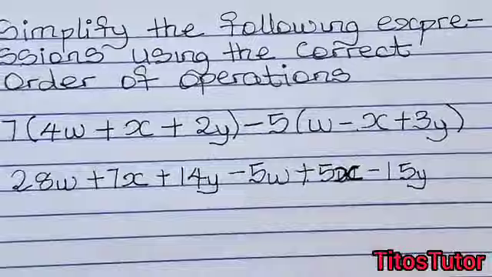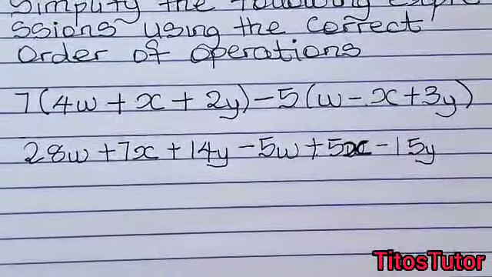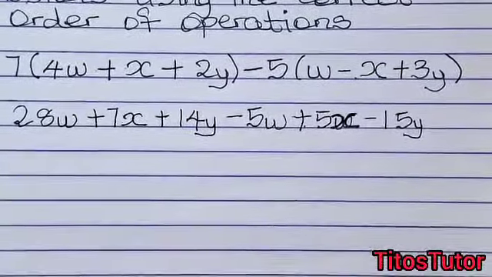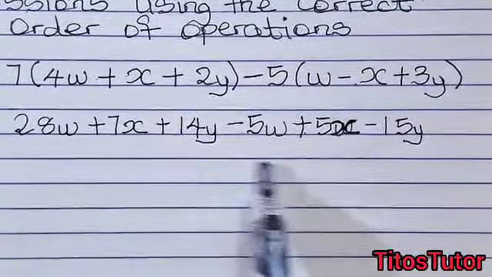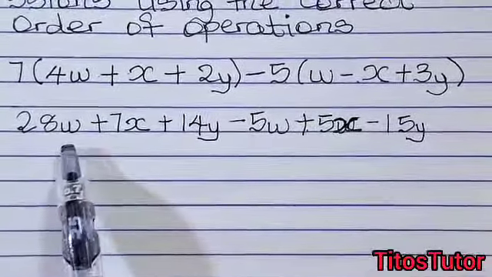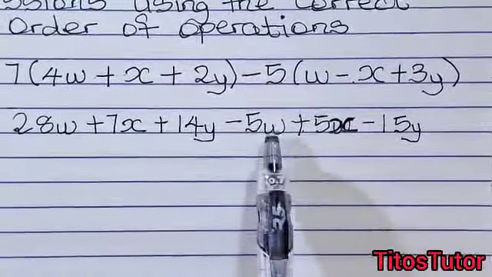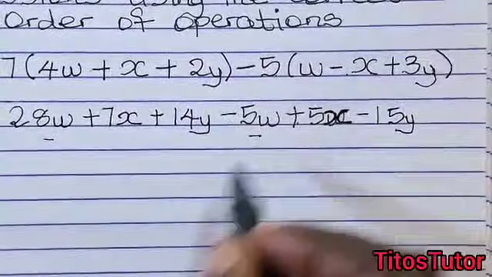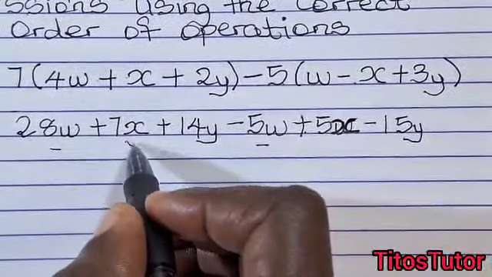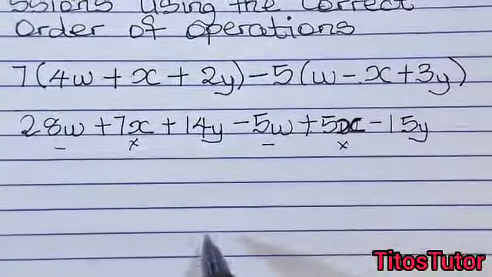So moving on. Now, look at this. You have an expression that has w, x, y. W and w like terms. X and x like terms.